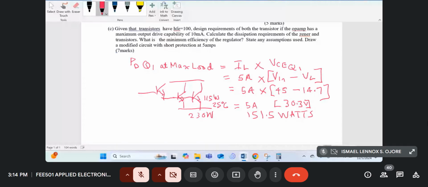So next, let's find the power dissipation required of transistor Q2. So PD Q2 at maximum load will be equal to IC Q2 times VCE Q2.